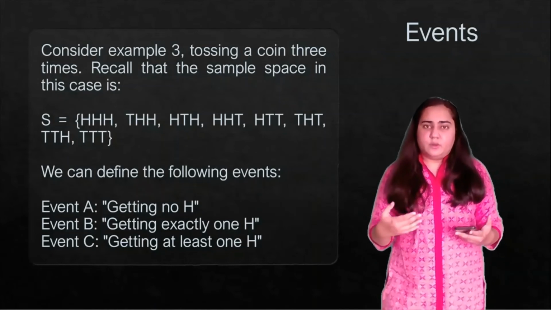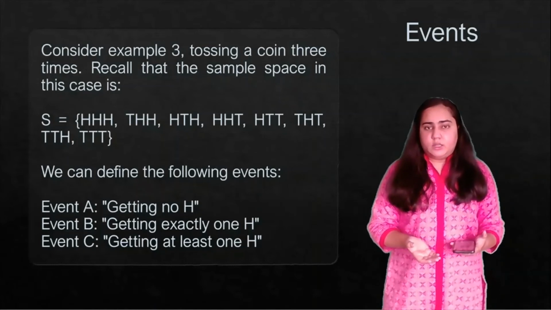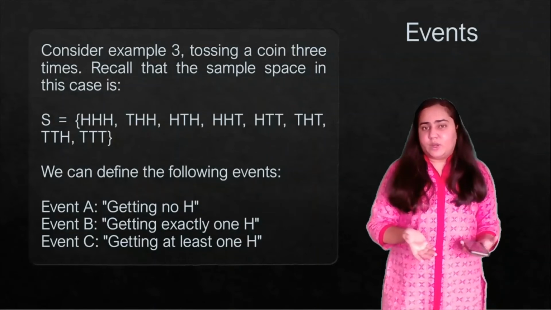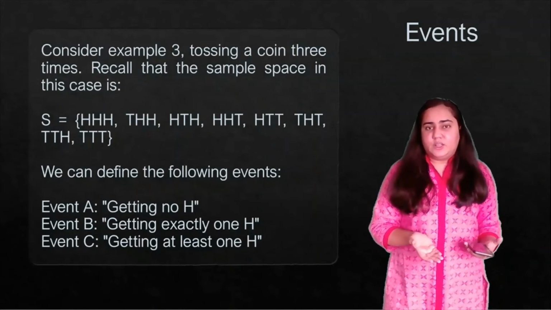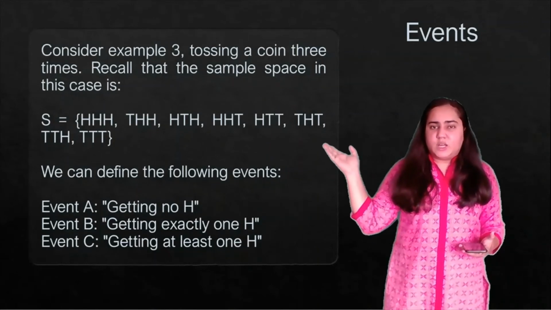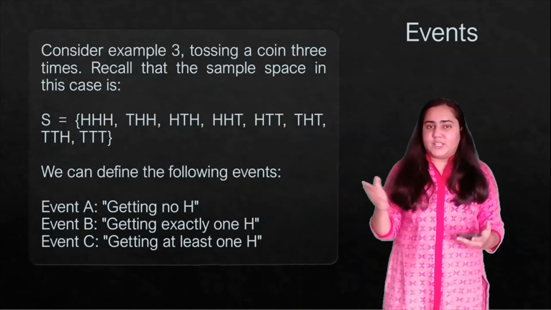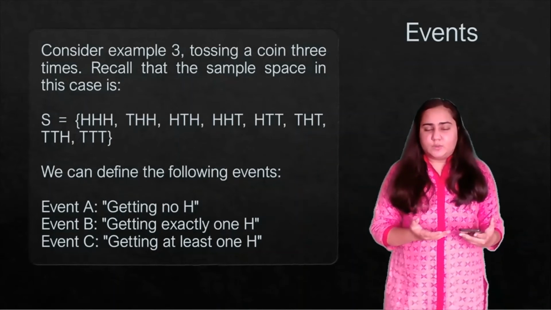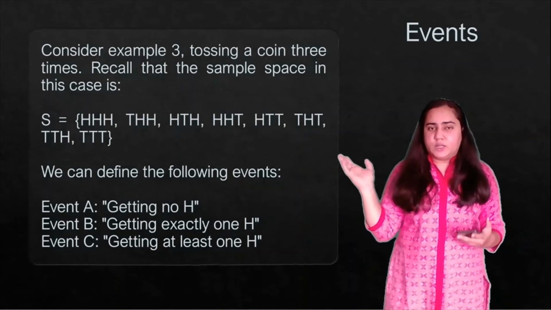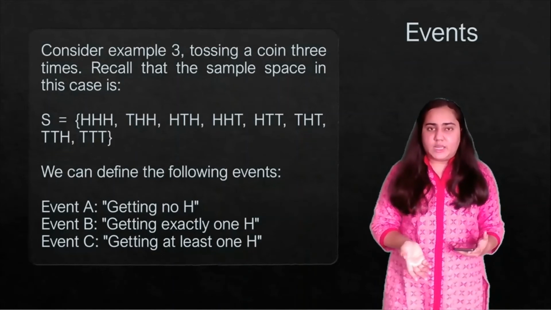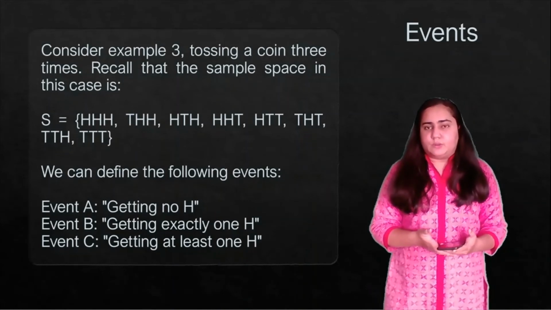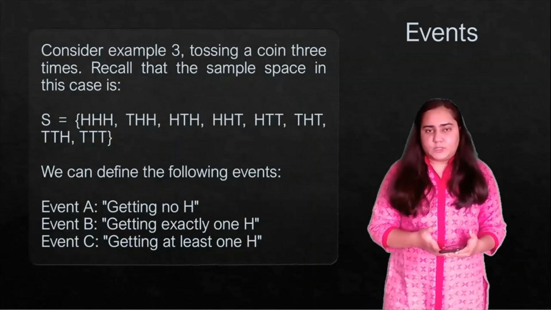You could define another event, for example, getting exactly 1 H. Once again, to calculate the probability, you'll just count the number of samples where there is exactly 1 H. You'll count those samples, divide that by 8, the total samples, and you will get the probability.